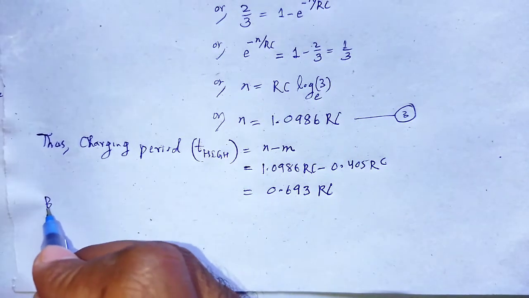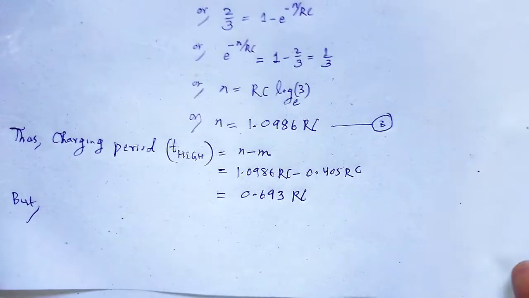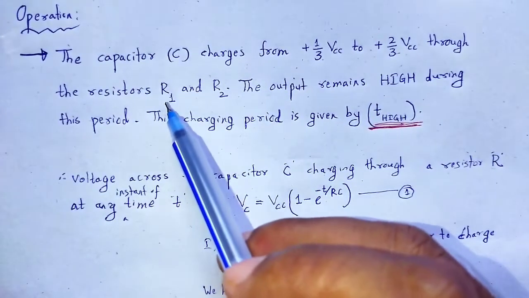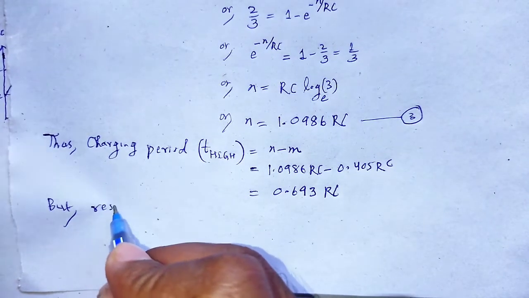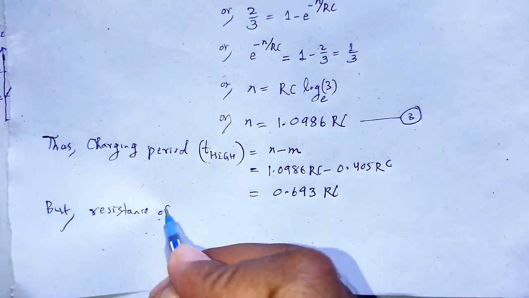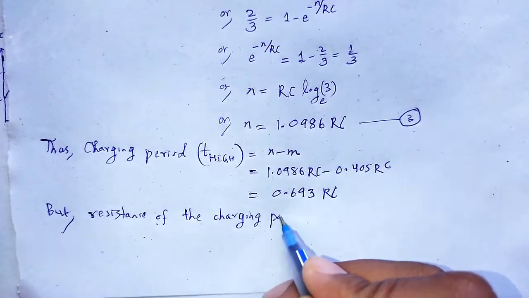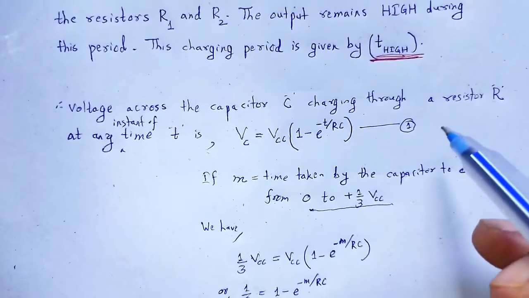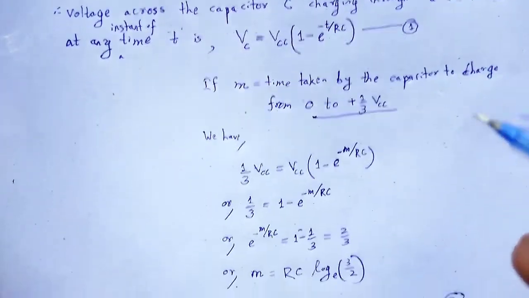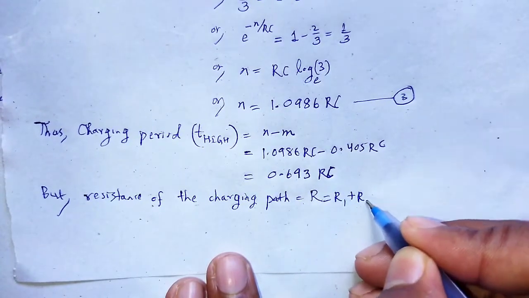But for charging, the charging path of resistor is from R1 and R2, so the resistance of the charging path is equal to R. First we take resistor R, so the charging path is R1 to R2, therefore R is equal to R1 plus R2.